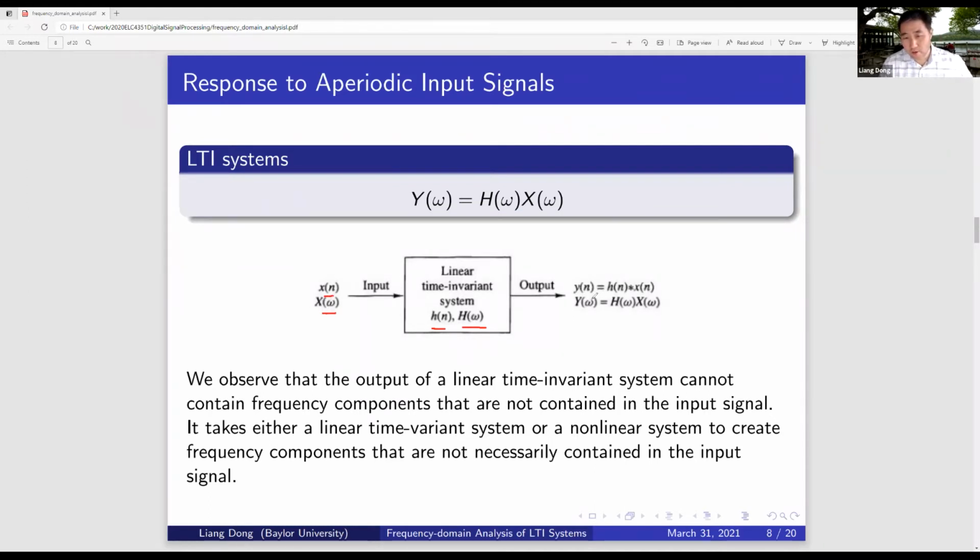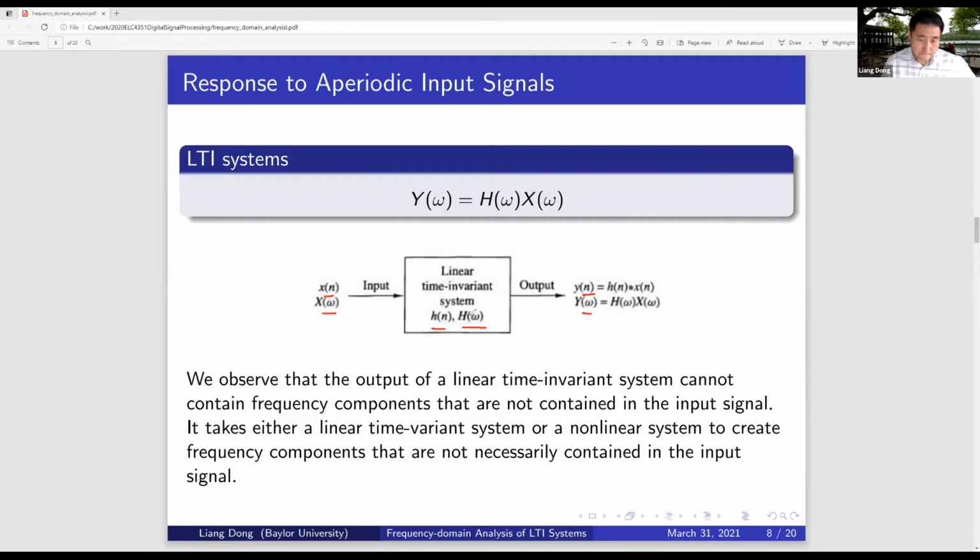The output signal is represented using convolution for y[n], or a product in the frequency domain, giving me capital Y(omega). So for the system, we observe that the output of a linear time-invariant system cannot contain frequency components that are not contained in the input signal.